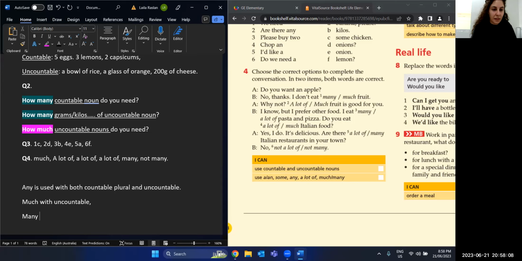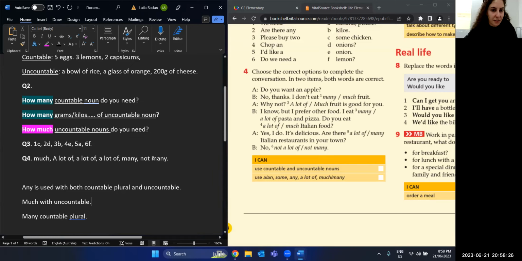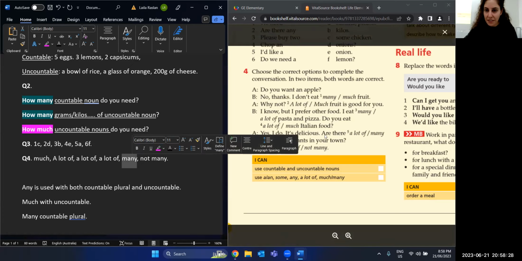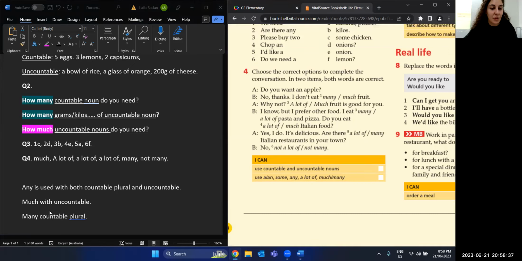Many, so with countable plural. For example, many, where did we have many here? Yeah, we do have many. Number 5 is many. Are there many Italian restaurants? So we can see countable plural.